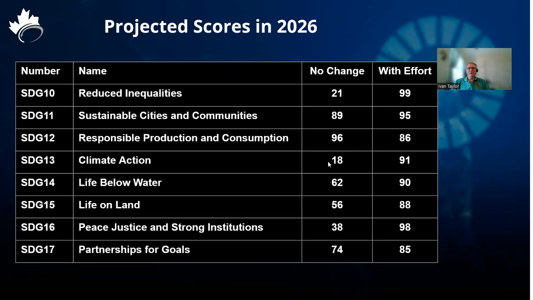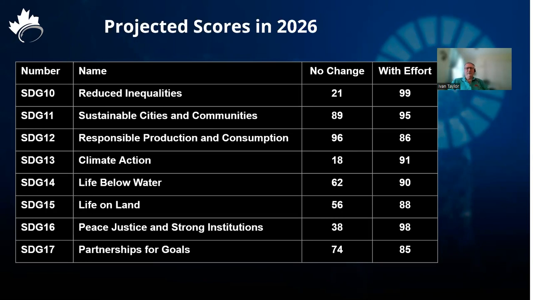to reduce inequalities. Notice one thing here, that responsible production and consumption actually has declined a little bit with the effort that's expended on climate action and affordable and clean energy.